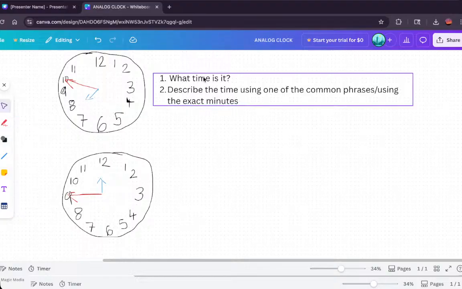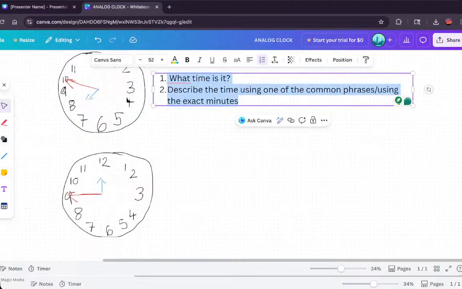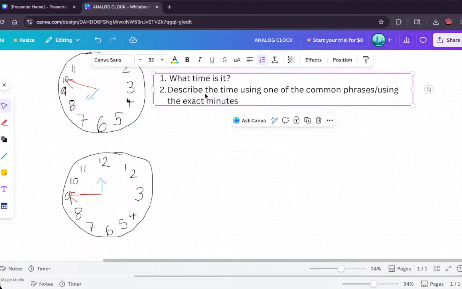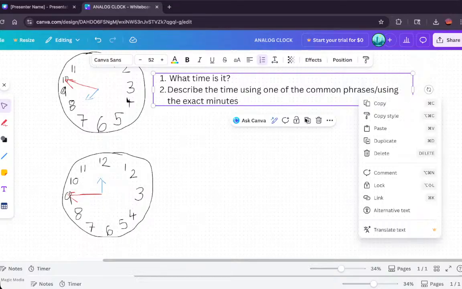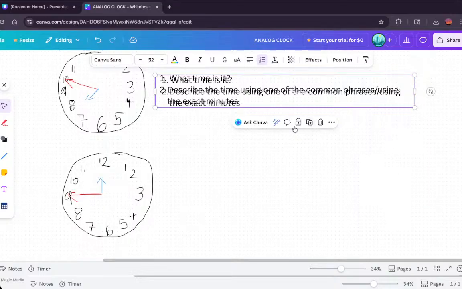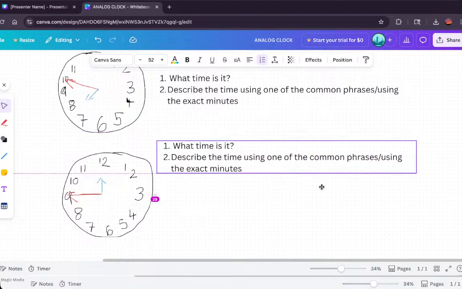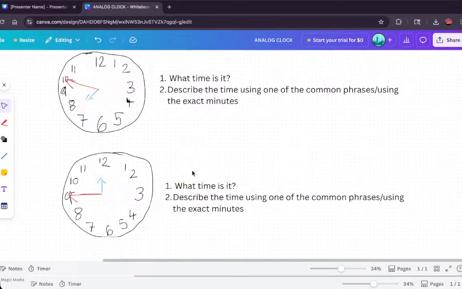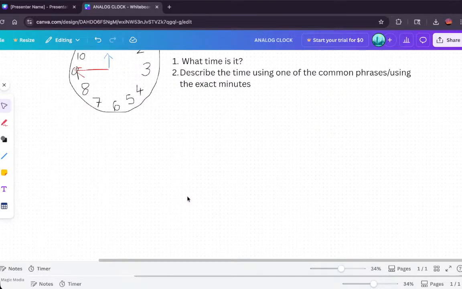Same thing. Right here, again, second piece of the homework. And then I will draw one last clock for you, okay?